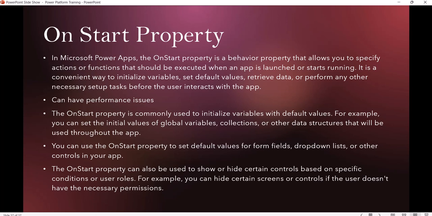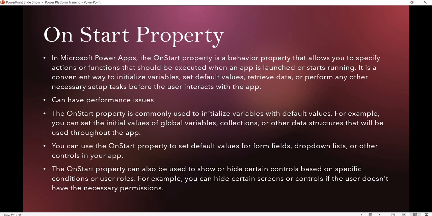Now I'll give you a quick example. For example, let's say you want to retrieve the logged-in username or email address. Then you can get those at the OnStart property and use them throughout the application, instead of querying every time. The other problem is that if you get a lot of things here, there can be some performance issues.